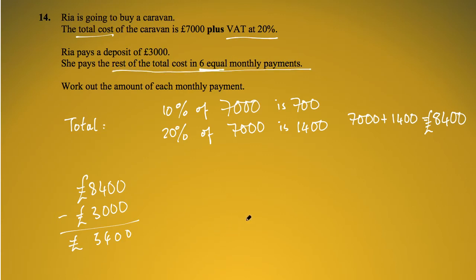That means that we need to divide that number of 5,400 into the 6 monthly payments. So 6 goes into 5 no times, 6 goes into 54 9 times, and then 0 is left over. That means that each monthly payment is going to be £900, what we get from the division there.